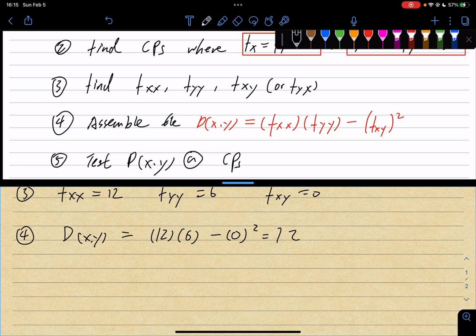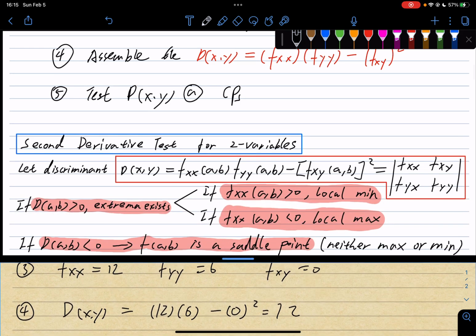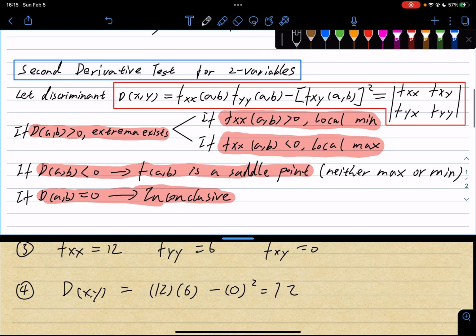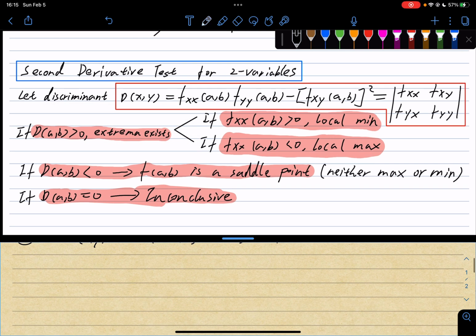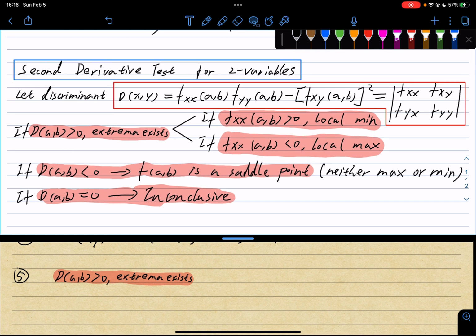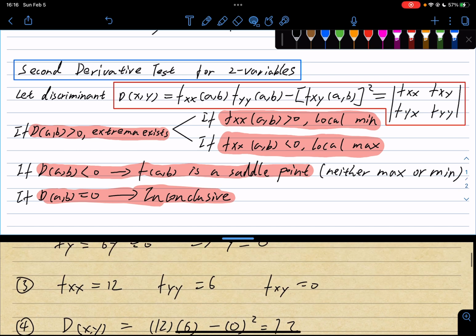So step 5, we're going to test the discriminant at the critical points. I just copy and pasted my second order notes for you. In our problem, the discriminant is greater than 0. That means extrema exists. And if we pay attention to fxx, it's 12.